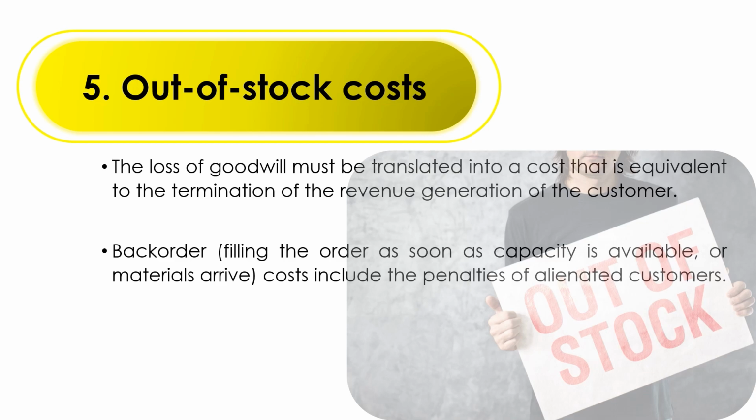Depending on the system that is used, such as back ordering, substitution, fill or kill, and so on, various costs of being out of stock will occur. Back order means filling the order as soon as the capacity is available or the materials arrive. So this includes the penalties of alienated customers.